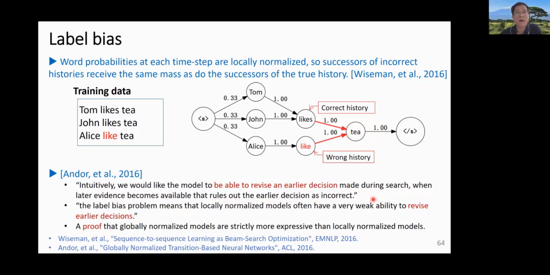But since the model is locally normalized, the successors of incorrect histories receive the same mass. So the label bias problem means that locally normalized models often have a very weak ability to revise early decisions. It can be proved that globally normalized models are strictly more expressive than locally normalized models.